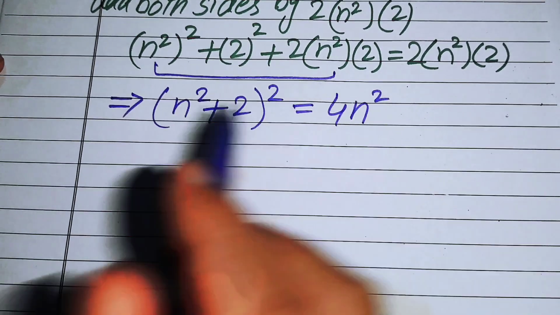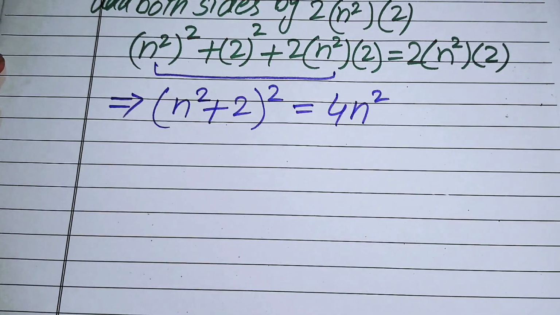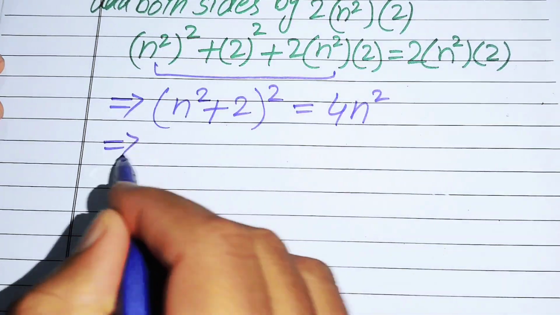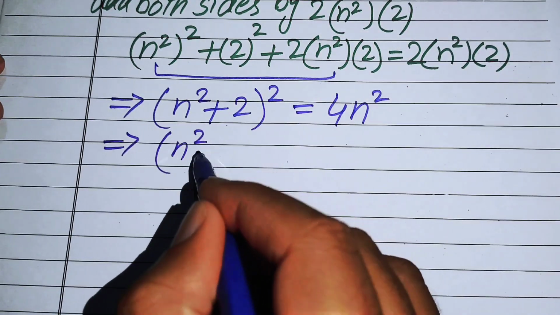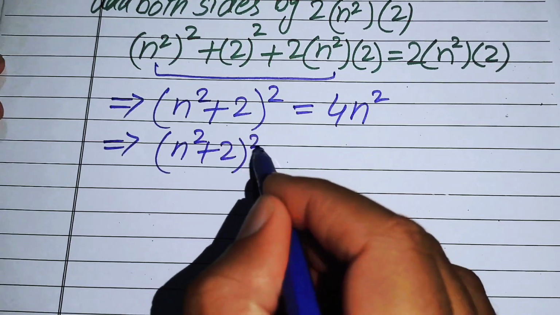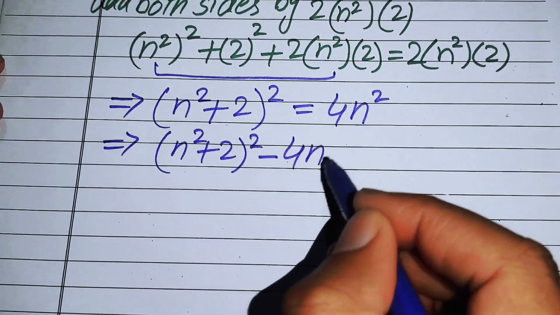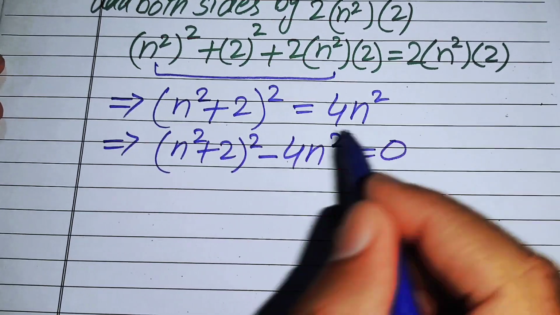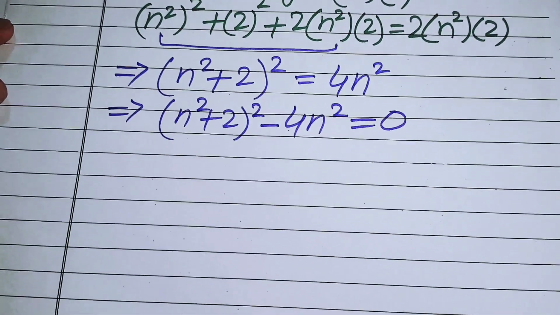Now we move this 4 times n squared to the left hand side, and you will get (n squared plus 2) whole squared minus 4 times n squared, and this whole equation equals 0.